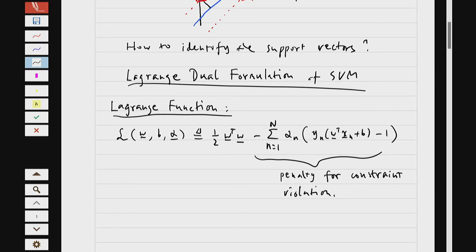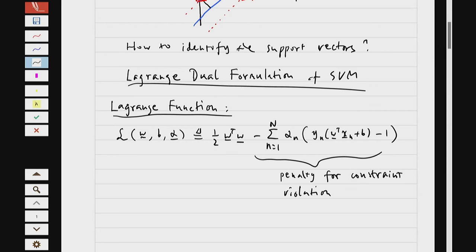Therefore, the Lagrange function, the Lagrangian, is a penalized version of the original objective. Everyone okay with that? So this is one way to give a soft constraint.